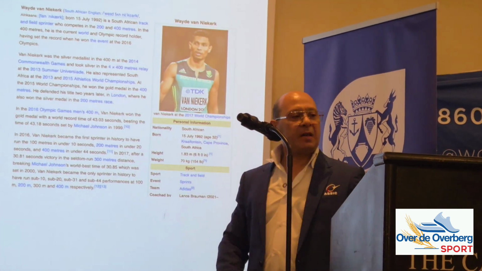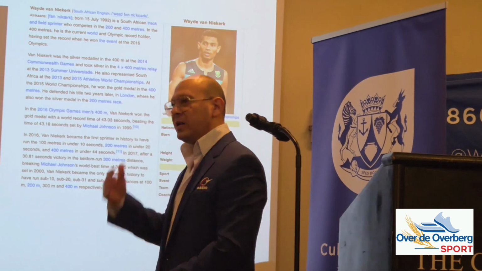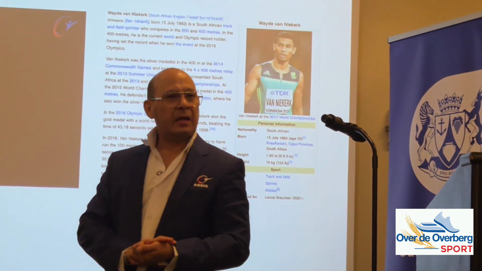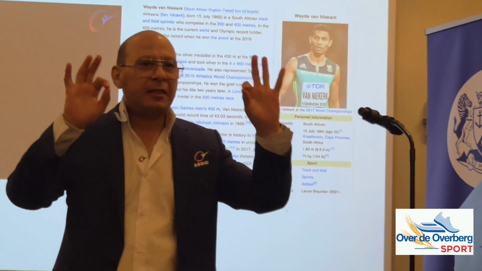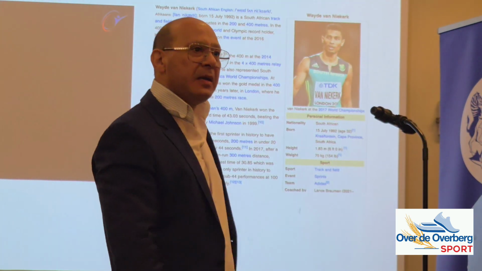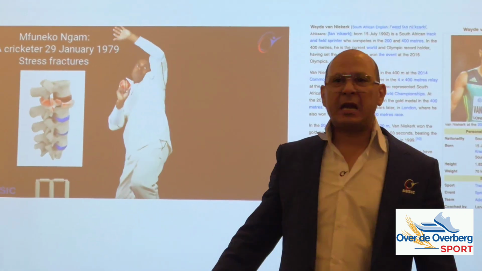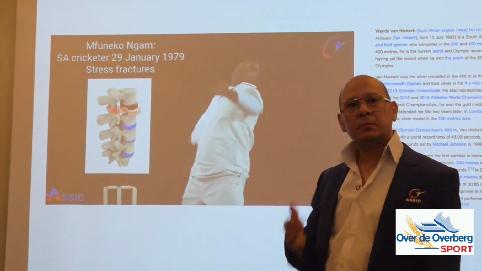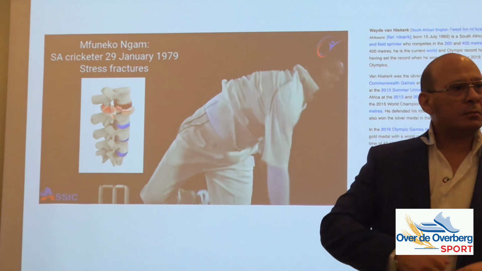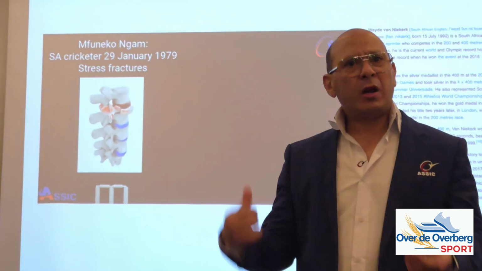Now, I told you I've been involved in sports for the last 27 years. I've seen great athletes fall along the wayside. And Gum, I don't know if you guys remember Gum, he was a fastball cricketer, great cricketer. His career was ruined because he had multiple stress fractures in his back. And you know what the sad thing is? It could have been prevented.